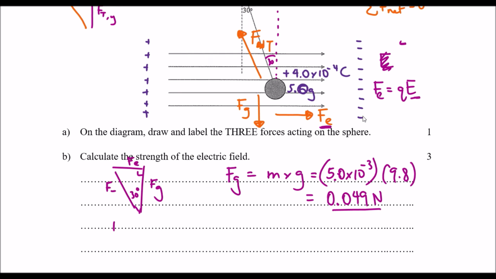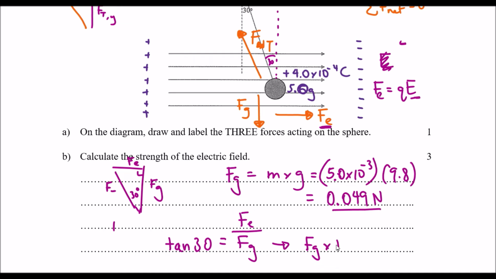So using trigonometry, tan 30 equals opposite over adjacent, so Fe over Fg.